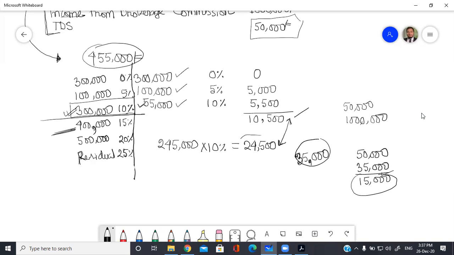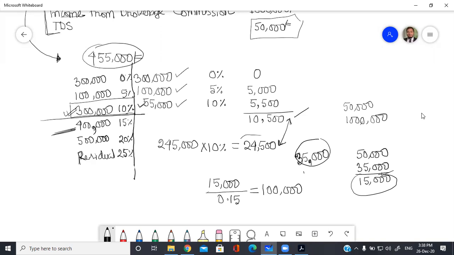For the following slab, we have a tax rate of 15%. So if we divide 15,000 by 15%, this 15,000 can cover how much income? 100,000. Okay.